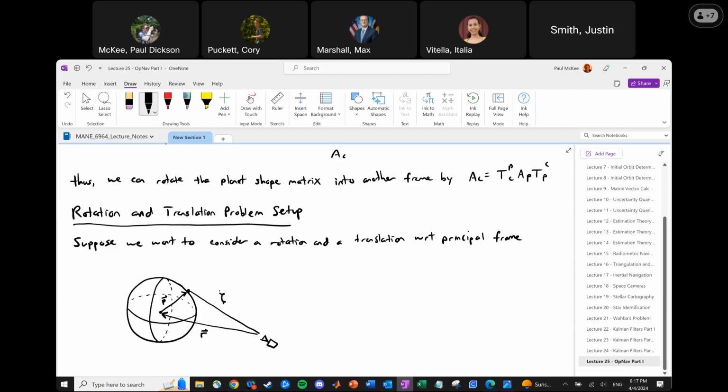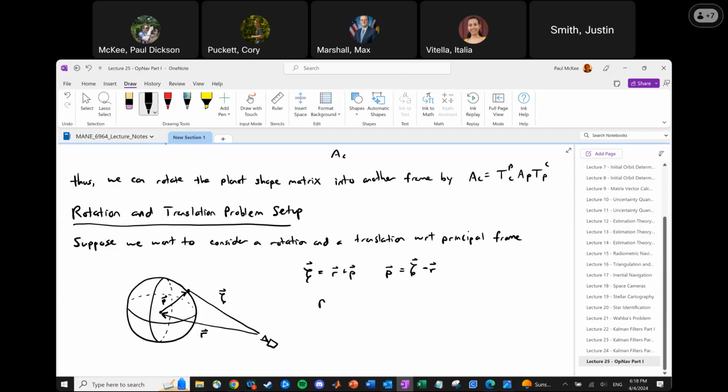So I'm going to say that zeta is the vector from the observer to a point on the surface of the body, and r is the vector from the observer to the center of the body, which is ultimately your position, right? It's just backwards. By this definition, zeta is r plus p, or you could think of p as being zeta minus r.